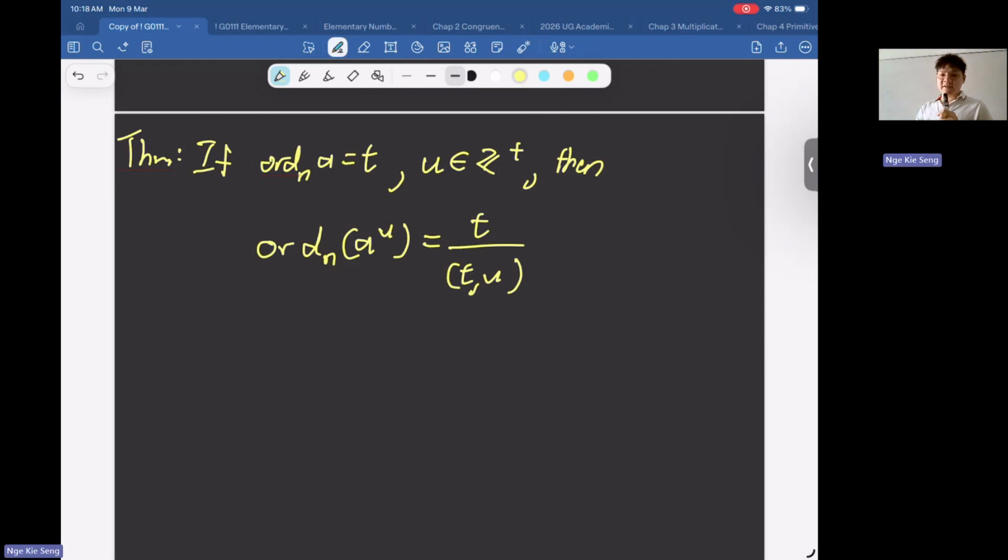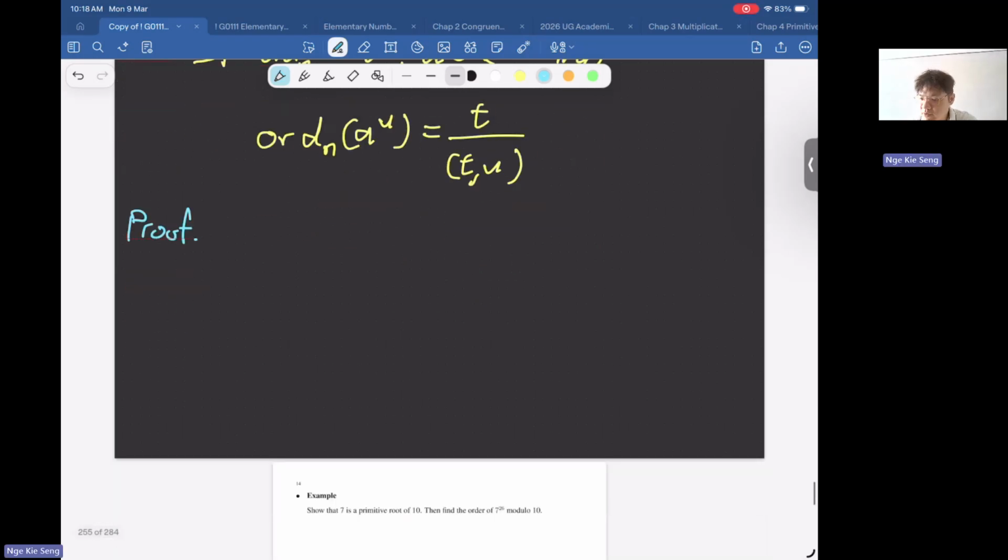To show this is also not very hard. Maybe we can quickly do it. There are two things to do here.